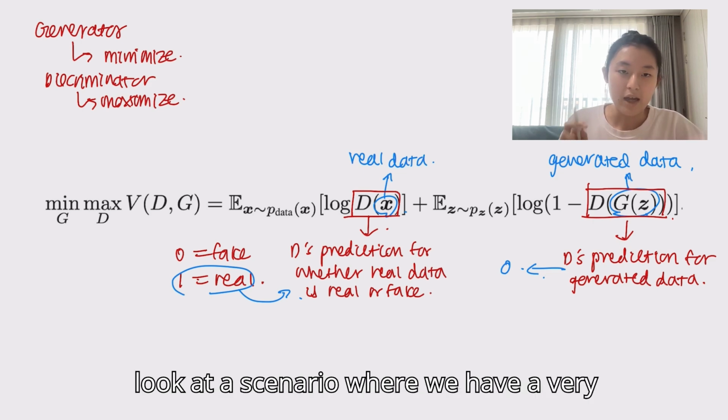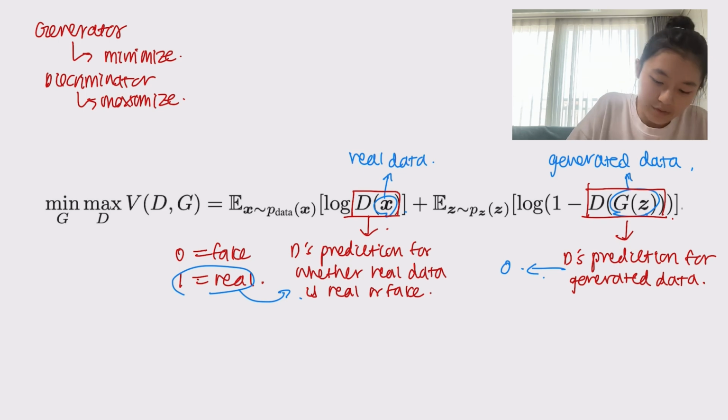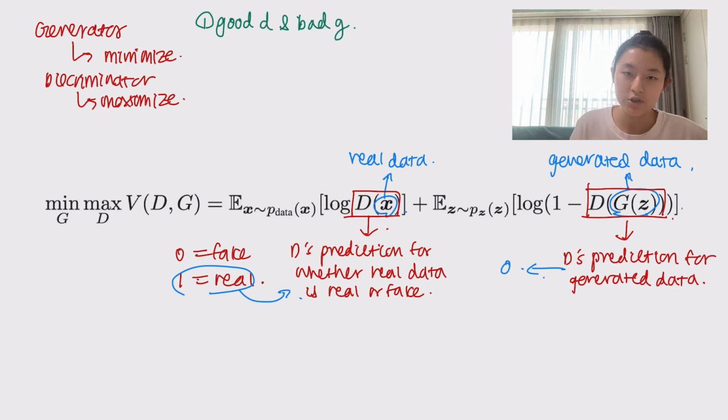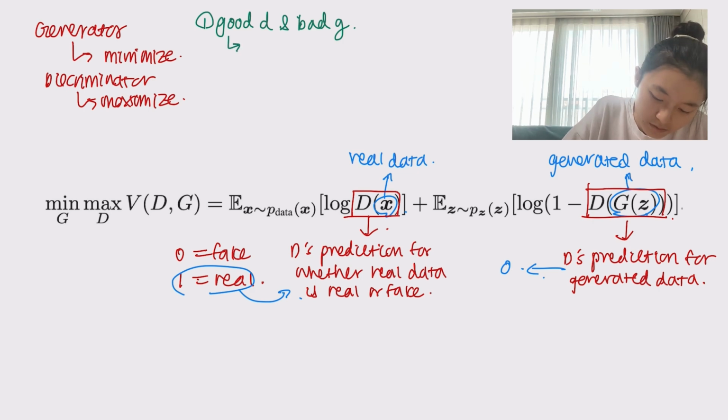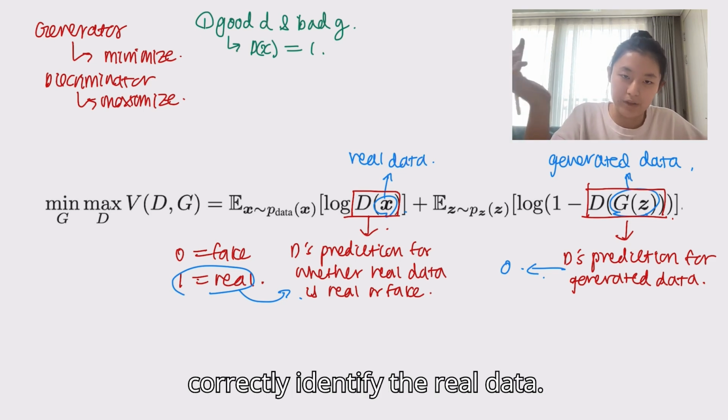Now, let's look at a scenario where we have a very good discriminator and a bad generator. Since the discriminator is very good, the term D(x) should be 1, since it should be able to correctly identify the real data.